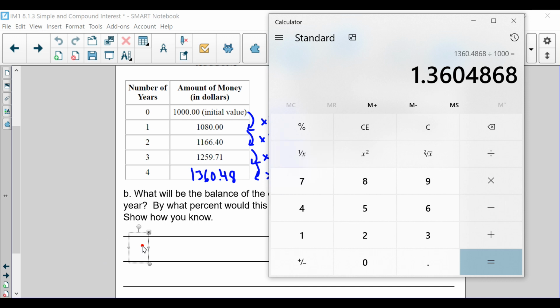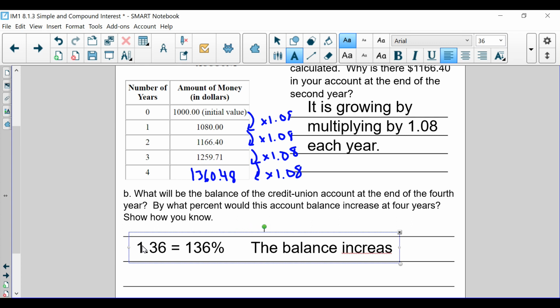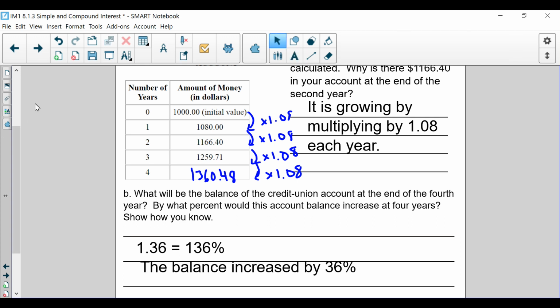So we're going to say, okay, 1.36 translates to 136%. So how much did the balance increase by? We're going to say the balance increased by 36%. And there we have it. That's how we figure out how much it's increasing by.